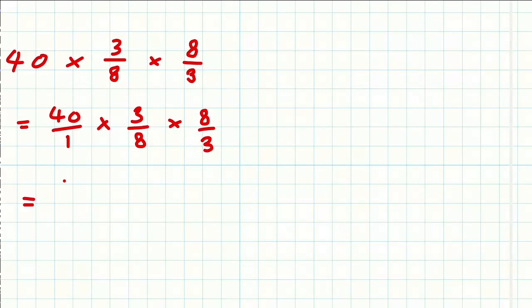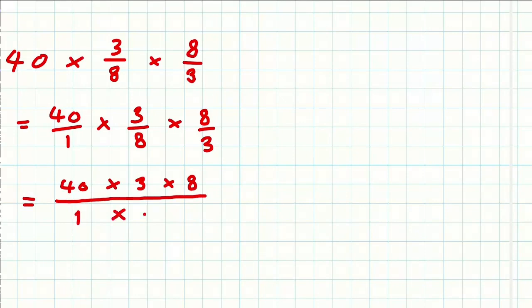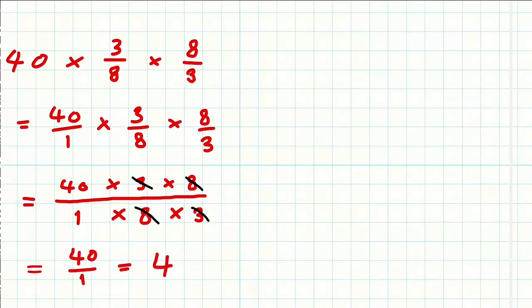Then we'll multiply all of the top numbers together: 40 times 3 times 8. On the bottom, it's 1 times 8 times 3. We will be able to simplify this by dividing the top and the bottom by 3. And we can also divide the top and bottom by 8. And that's called cancelling. So the 3's cancel and the 8's cancel. And we're left with 40 over 1, or just 40, the number we started with.